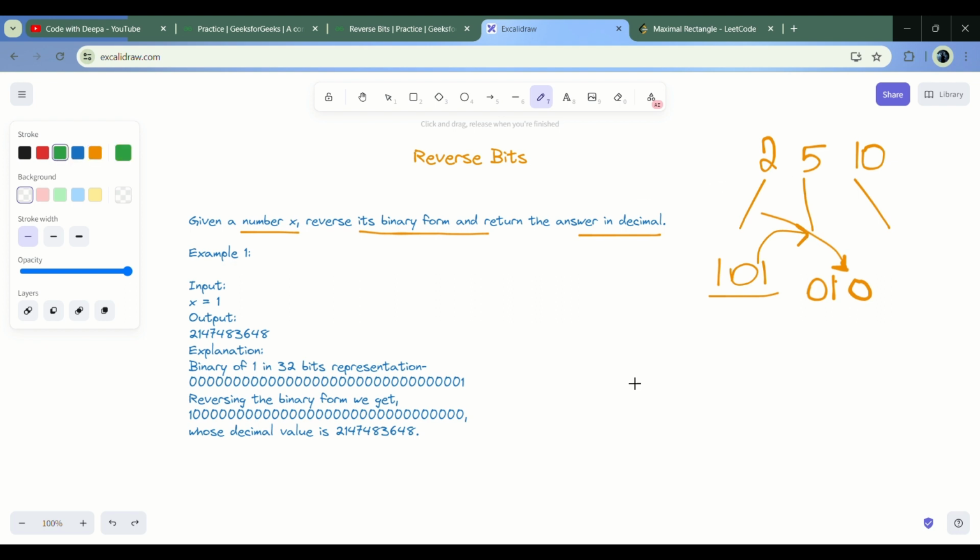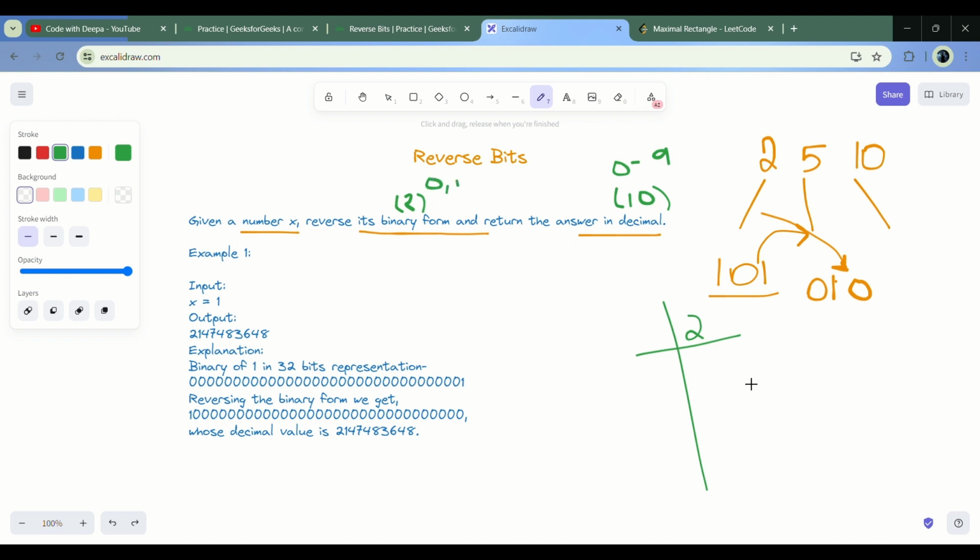So to convert a decimal number, let's say we have a simple number 2. First, you will keep on dividing the number by 2, because you have to convert to binary form and the base for binary form is 2. We take the base for our decimal form as 10, because here we have the values from 0 to 9, and in binary we have only two values, 0 and 1.